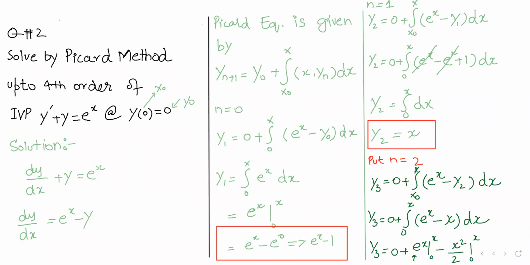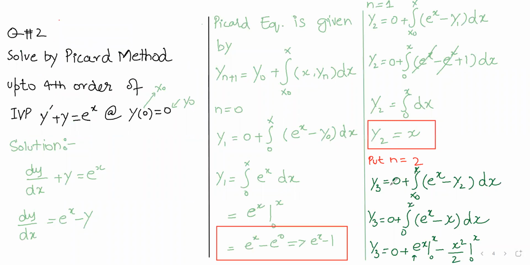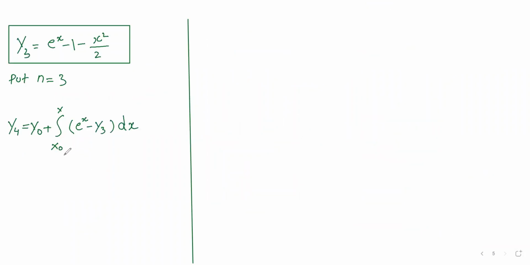It was e^x minus y3. And we already have y3. We put this one. Okay, yes, it was y3.